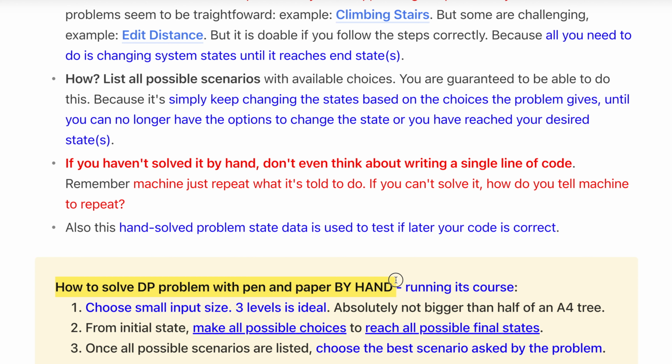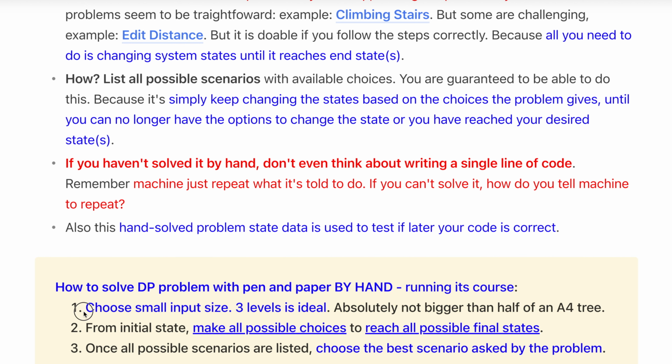The summary is running its course. And when we run its course, we're going to choose small input size. 3 levels of deficit state tree is ideal and absolutely not bigger than half of an A4 paper. Why do we choose small input size? Because it's small enough for us to write it down. If you choose big input size, you won't have enough time in the 30 minutes interview session to draw out your tree.